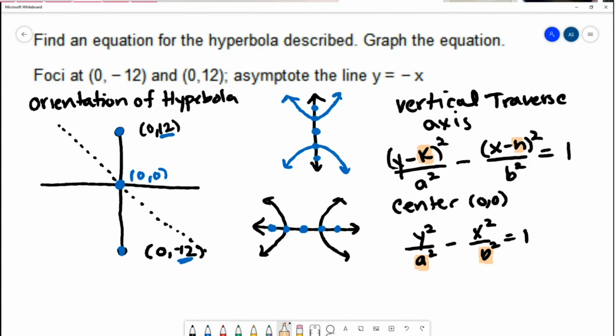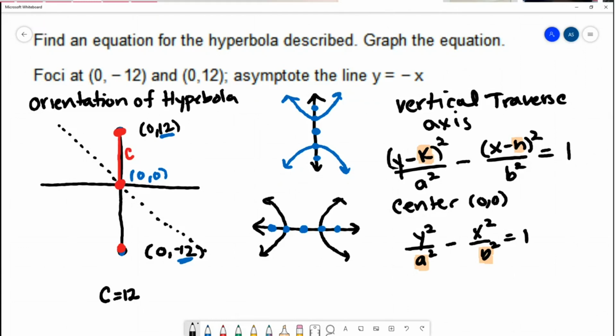And b comes from that asymptote. In our information here, we're given these two foci. The distance between the center and the foci is going to give us the value of c. So I know that c is equal to 12 based on that given information.